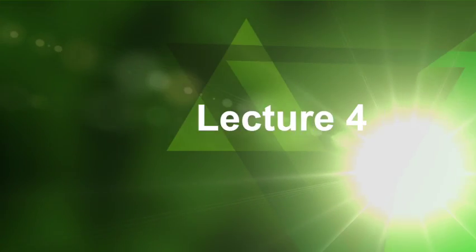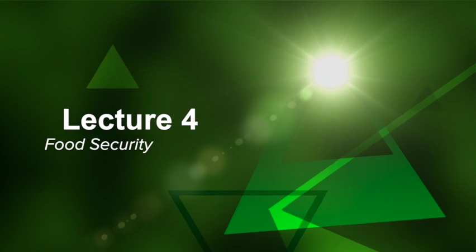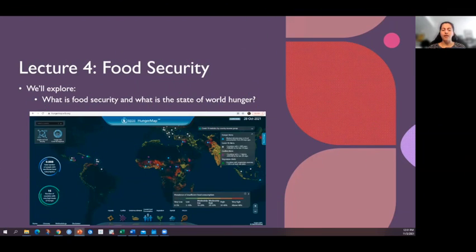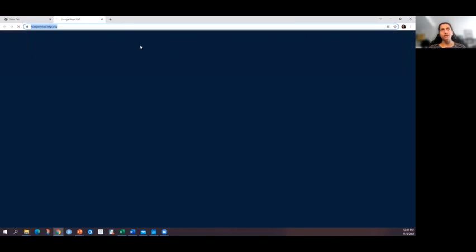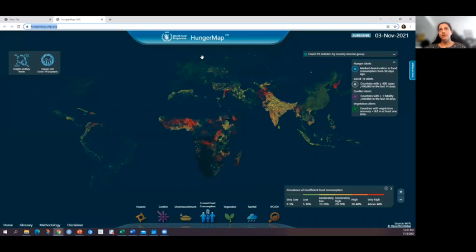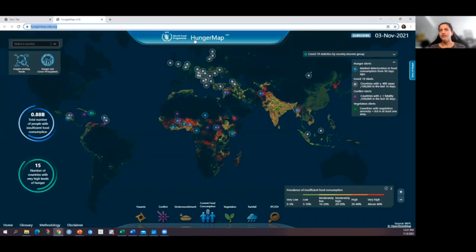For lecture 4, we are going to talk about the concept of food security and what is the state of world hunger in the world. We're going to explore this map. This map, called the Hunger Map, was created by the World Food Program, a United Nations organization.